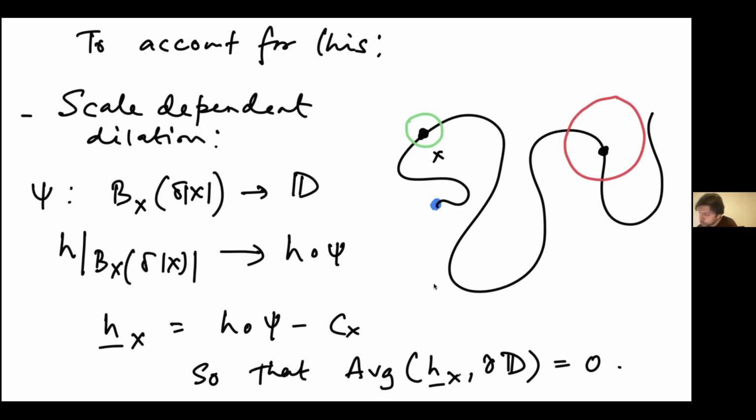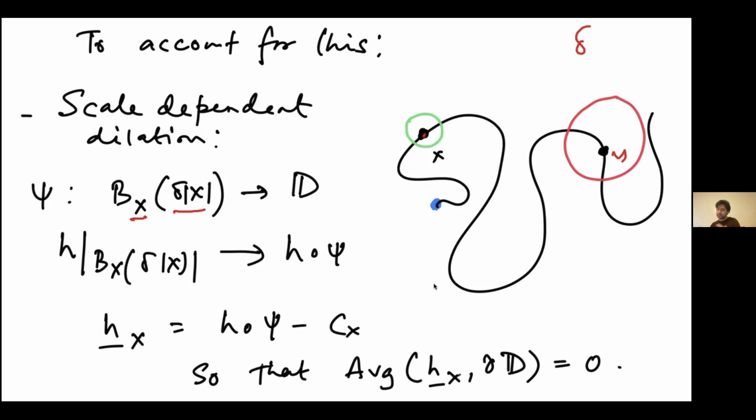Ideally we would want to consider a ball of radius delta, where delta is some small number. However, suppose you are rooted at a point x, then what we actually do is look at a ball centered at x with radius delta times the norm of x. Which means that if you look at y, which is much farther from x, you're going to appropriately look at a larger ball.